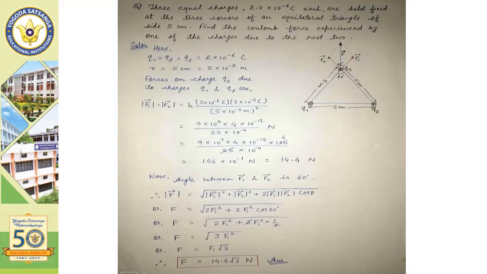Therefore, the resultant force may be written as under root F1 square plus F2 square plus 2 F1 F2 cos theta. We can put F1 in place of F2 also, as they have equal values. So after calculating, we get the net resultant force as 14.4 under root 3 Newton.